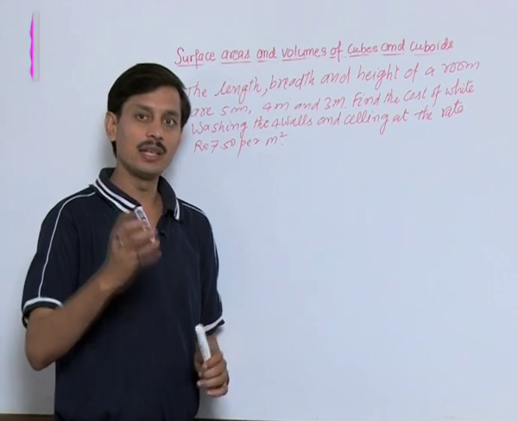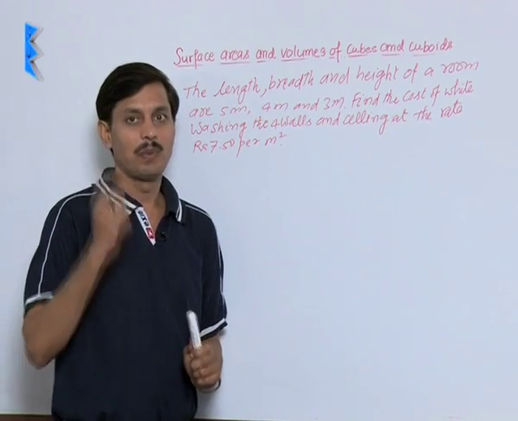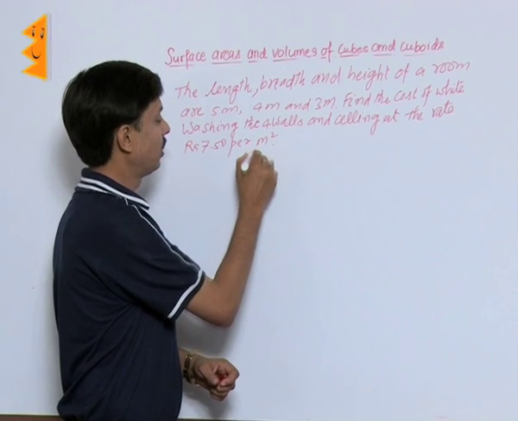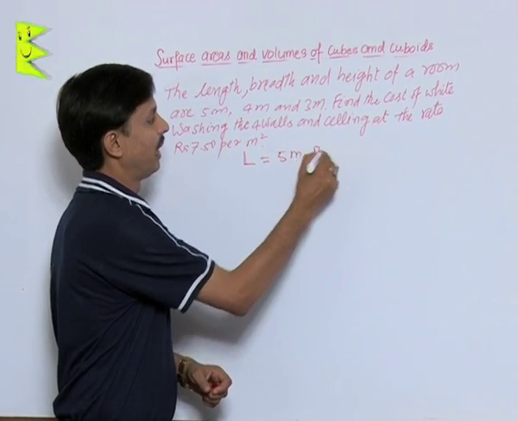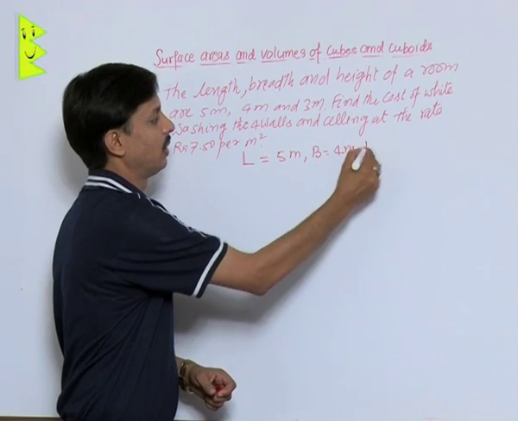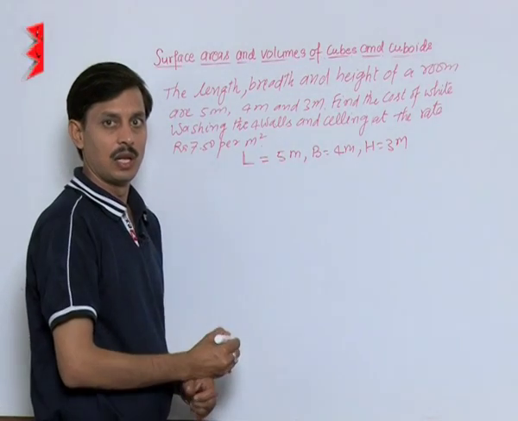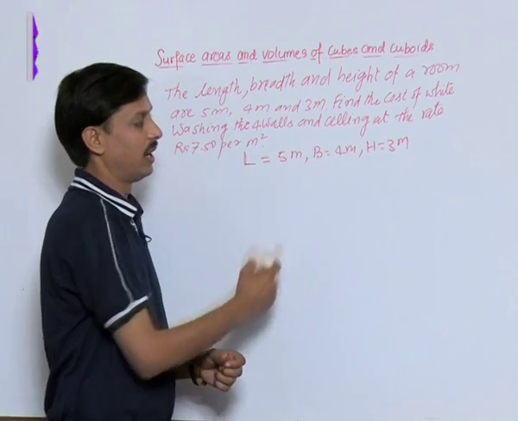Length is 5 meter, breadth is 4 meter and height is 3 meter.